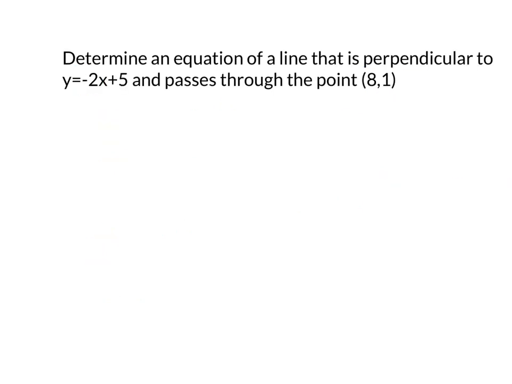Okay, in this equation, we need to determine an equation of a line, so y equals mx plus b, that is perpendicular to y equals -2x plus 5 and passes through the point 8, 1. So again, we need to determine the slope.